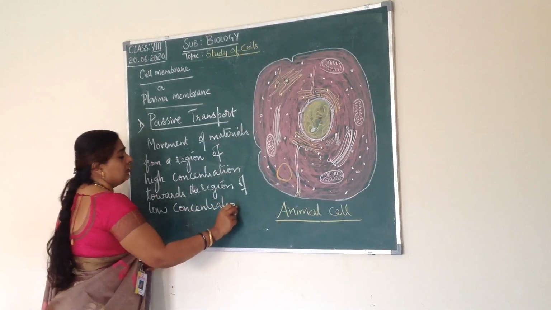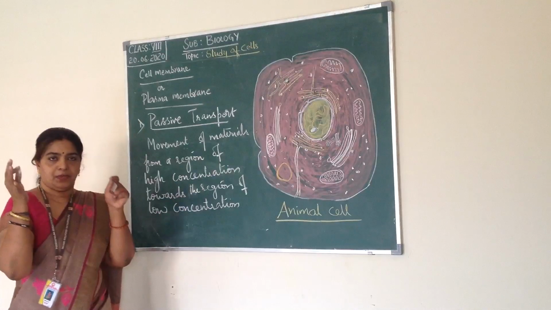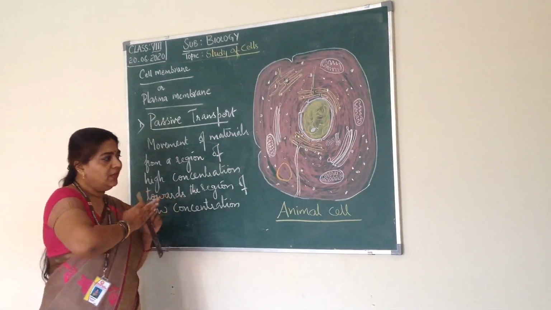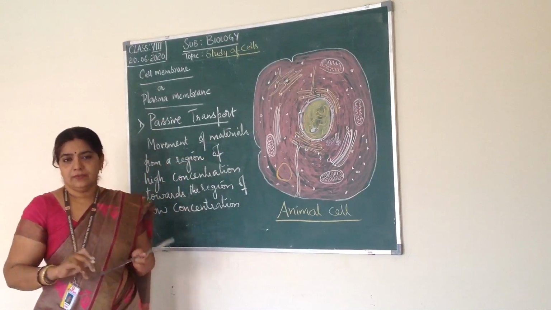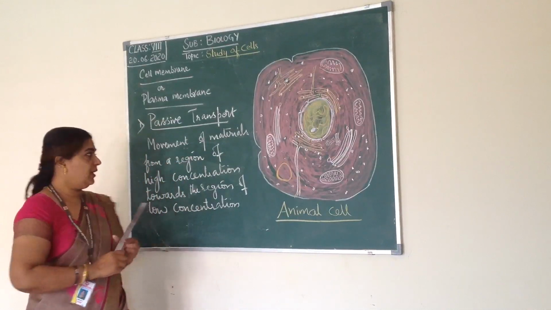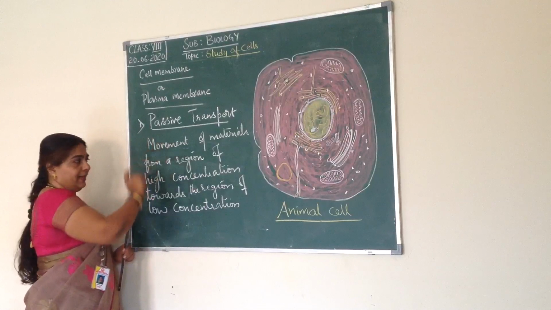Just flow. Wherever something is present in higher concentration, it just moves from the region of higher concentration to a region of lower concentration. That is called passive transport.